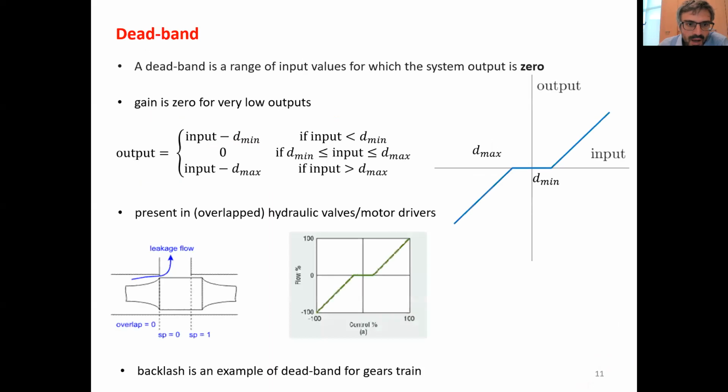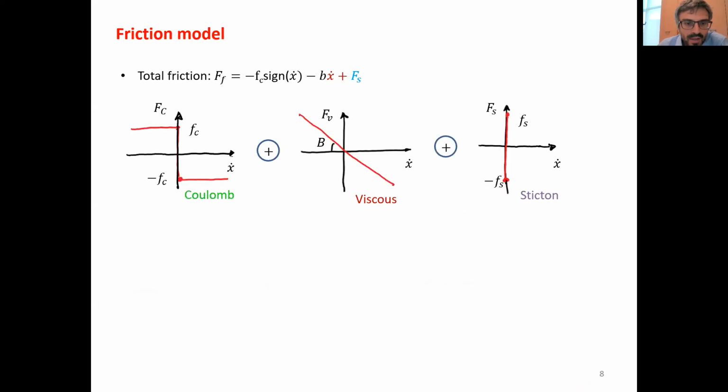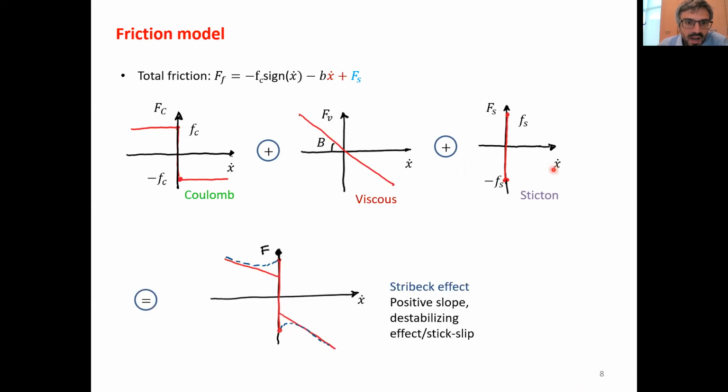Yeah, the Stribeck effect is due to the fact that when the objects in contact are still, not moving, you have stiction and you need to overcome it. Let's say Coulomb friction is 10 Newton and stiction is 12 Newton. So to start a motion, you need to apply a force of 12 Newton.